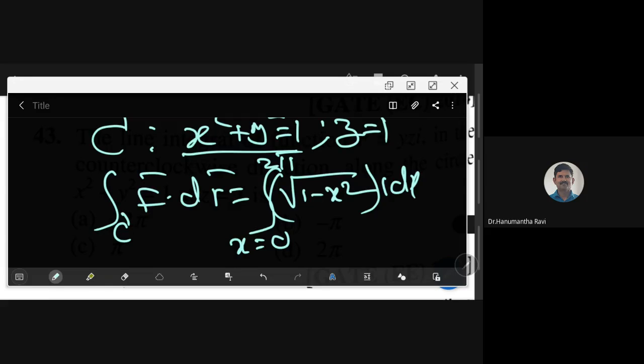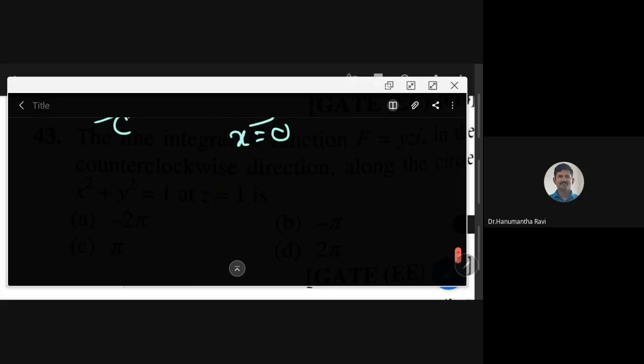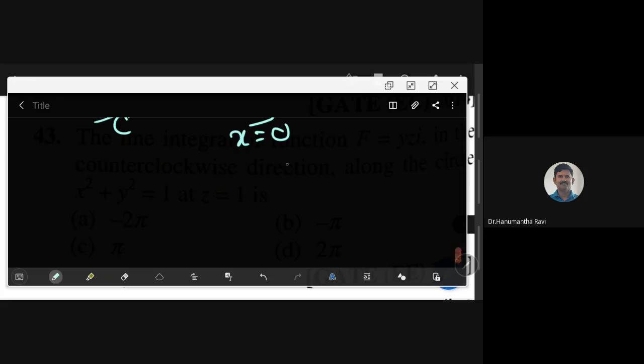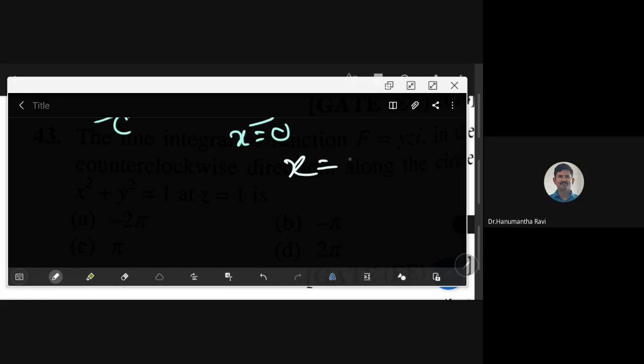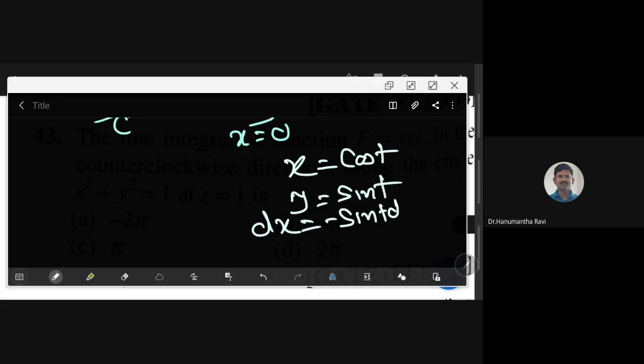Actually, one can also think like this: the circle equation in parametric form is x equals cos t, y equals sin t. So here dx is minus sin t dt, and your t varies from 0 to 2 pi. Z is anyway 1.